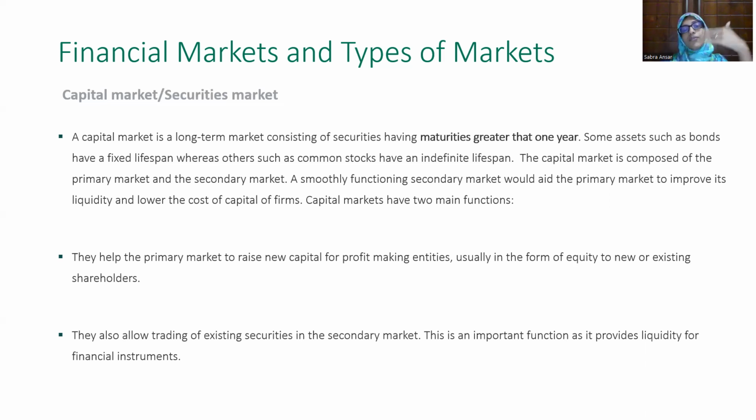And the second function is they will allow the trading of existing securities inside the secondary market. And one of the important functions is that it will provide liquidity for financial instruments.